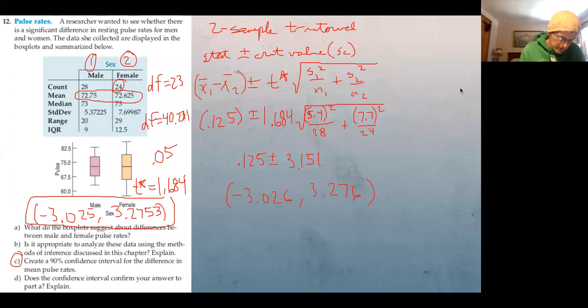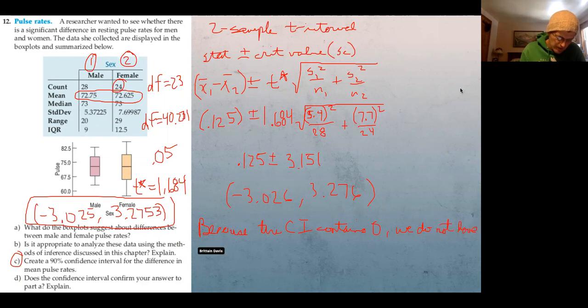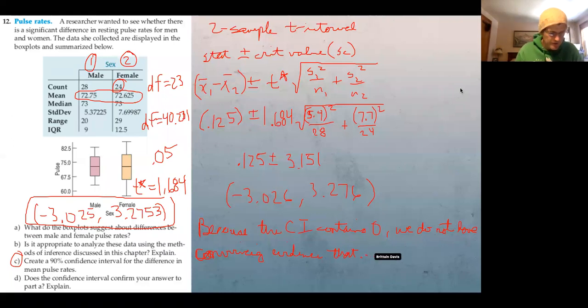It says, because the confidence interval contains 0, we do not have convincing evidence that there's a difference. We don't have convincing evidence that there's a difference in pulse rates between men and women.